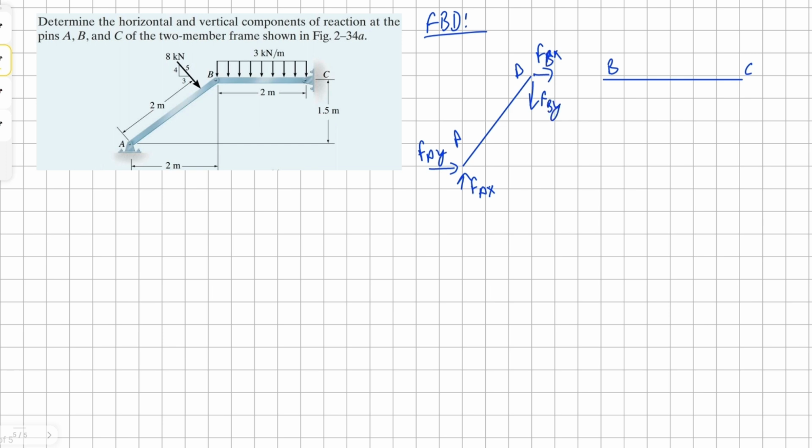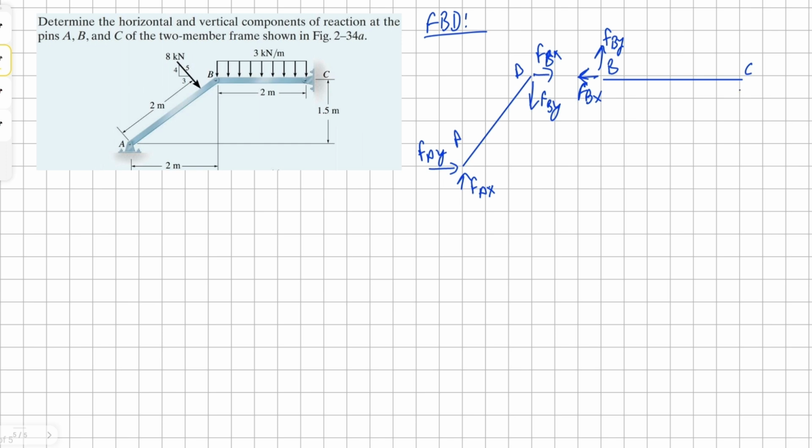Here we have to make sure that whatever direction our reactions have in member AB for point B should be opposite in member BC. Otherwise, you're going to have very bad values that are not even close to what this structure would experience.